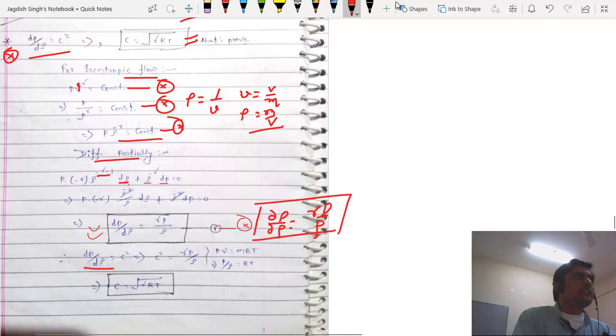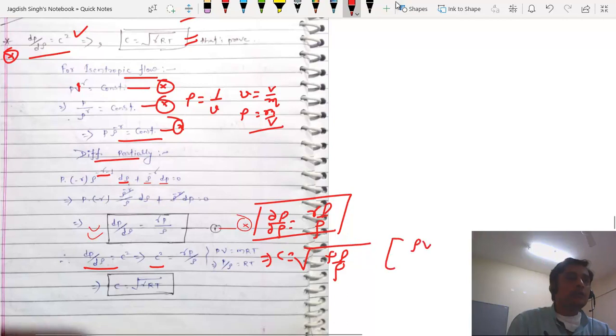We know dP by d rho is equal to C square. This is given in the condition. This implies C square is equal to gamma p by rho, and from where C is equal to square root of gamma p by rho. We know PV is equal to MRT, so P is equal to rho RT.